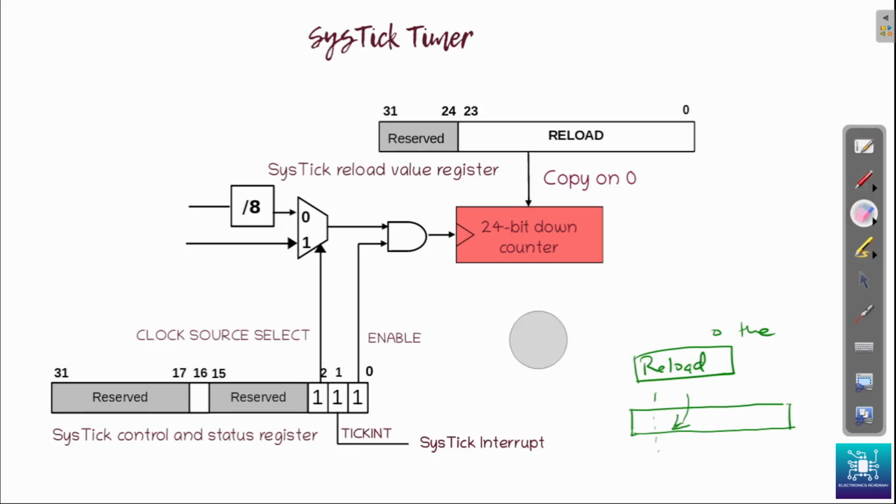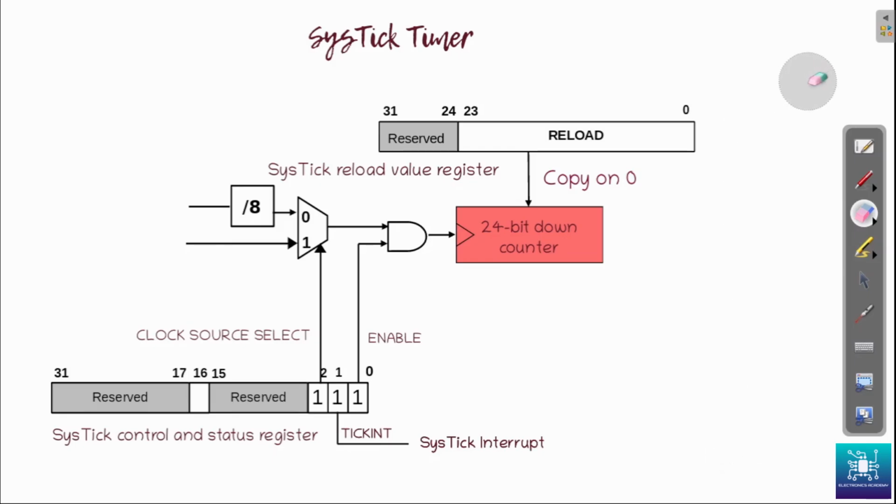Let's do the calculation. We know that the frequency here is 84 megahertz. For an 84 megahertz frequency, what should the reload value be for 0.25 seconds?